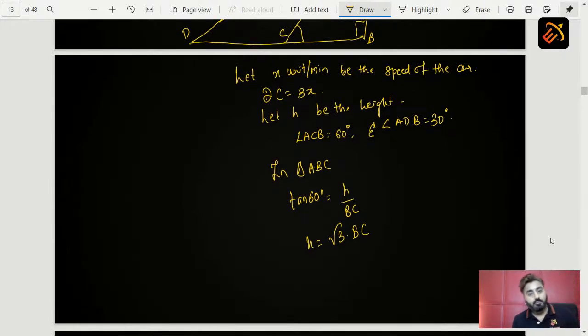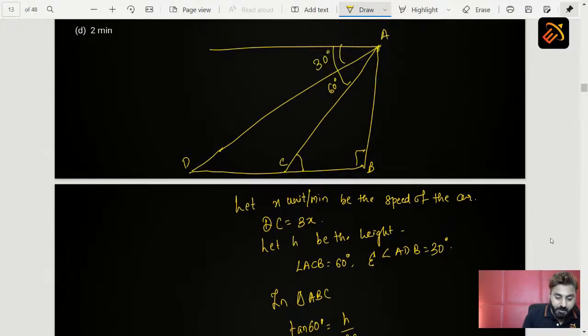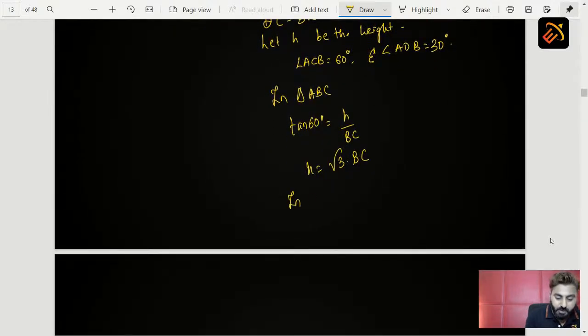Then in the other triangle, which triangle? In triangle ABD. So in triangle ABD, which triangle is it? Right angle triangle. So in this triangle tan 30 is equal to h by BD.